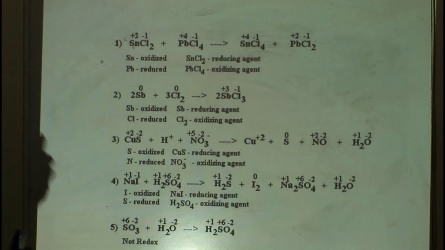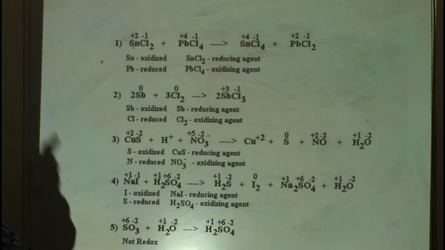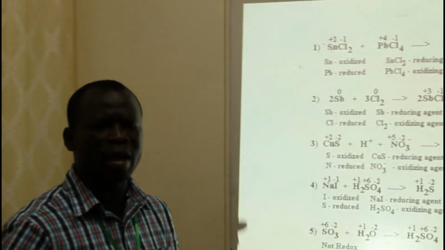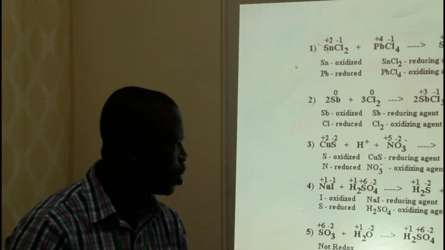So there's a difference between oxidized and oxidizing agents. The one which is oxidized is always the reducing agent, because it will oxidize and cause the other species to reduce. So it becomes a reducing agent. And then the one that is reduced becomes an oxidizing agent.